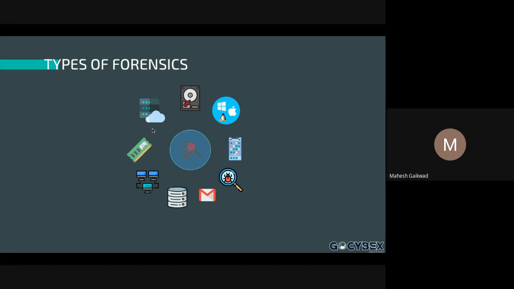And cloud forensics. Since online activities are increasing, what happens? All the infrastructure which was on premise, in the sense organizations had their own building and their own infrastructure, systems, network, routers, switches, firewalls, softwares, all on the premise.